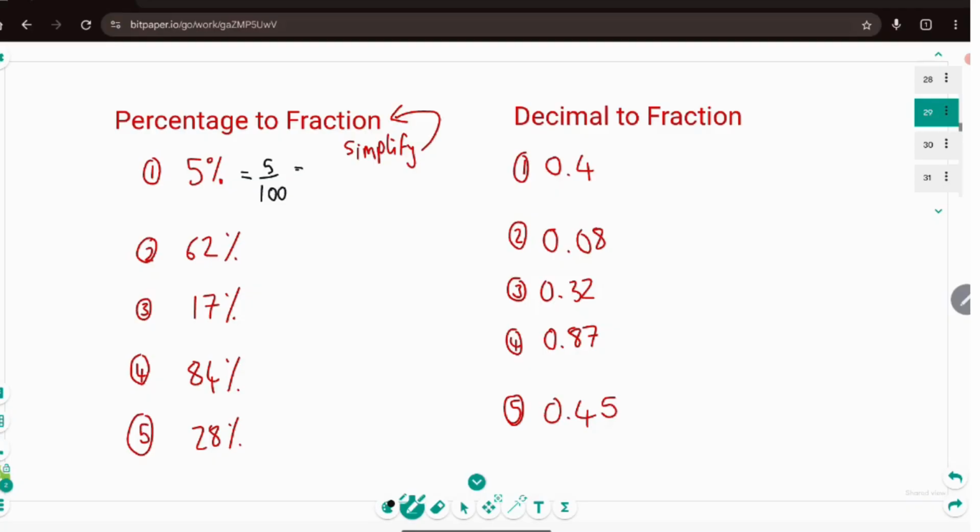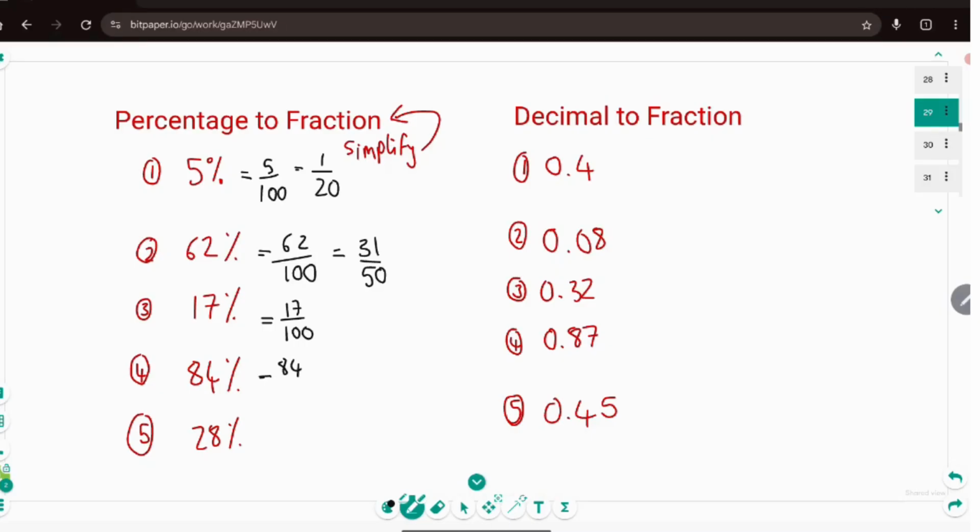Five over 100, which simplifies to 1 over 20. 62 over 100 simplifies to 31 over 50. 17 over 100. If you type this in your calculator, you get the same answer. Does not simplify. There is not a common factor of 17 and 100.